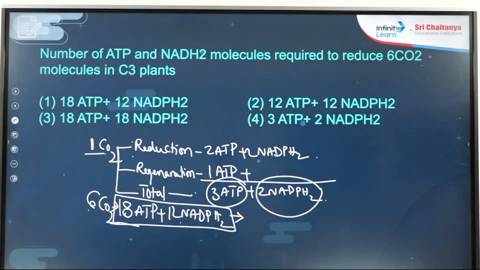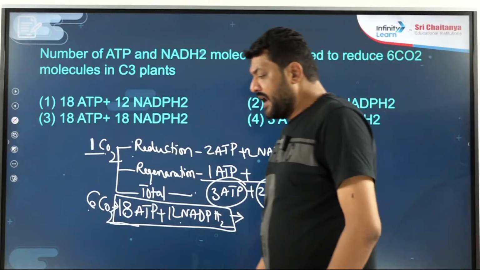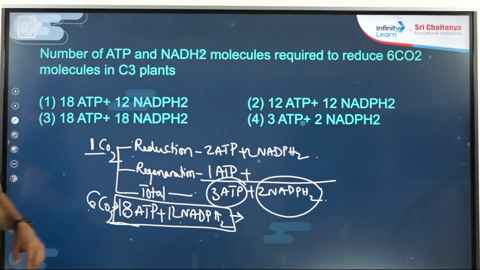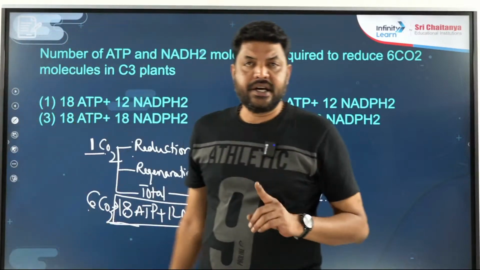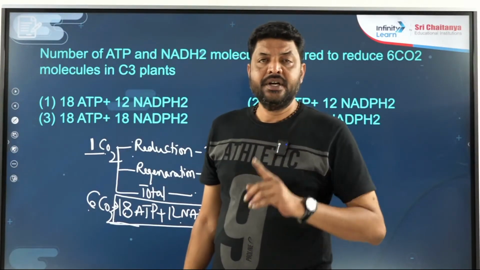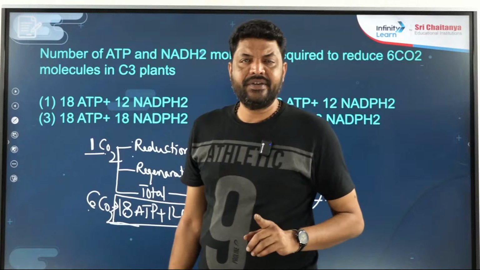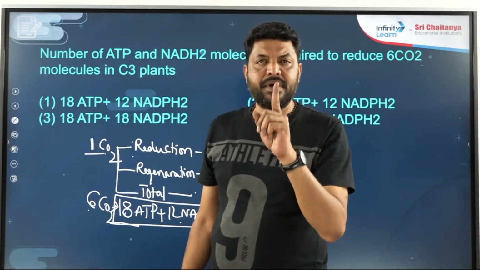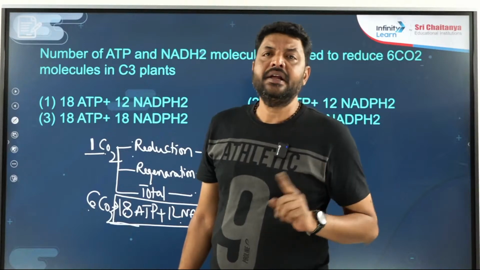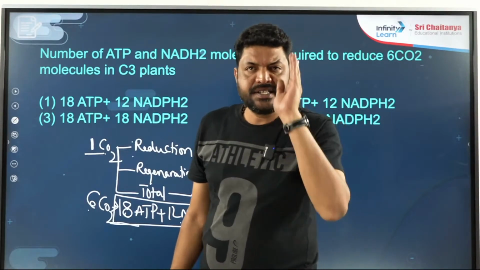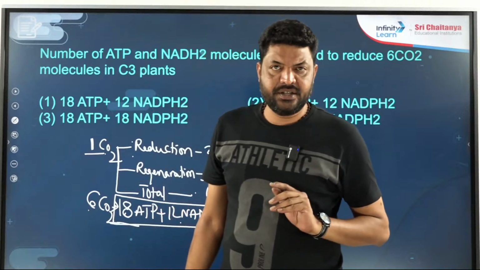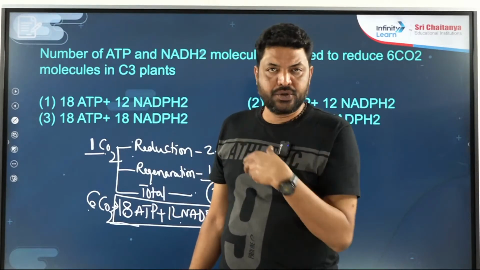You know one statement. What is that statement? Dark reaction depends on the products of light reaction but not on the light directly. Dark reaction, that is the biosynthetic pathway or Calvin cycle or pentose reduction pathway, or you may call it the C3 cycle, depends on the products of the light reaction for the reduction of CO2.